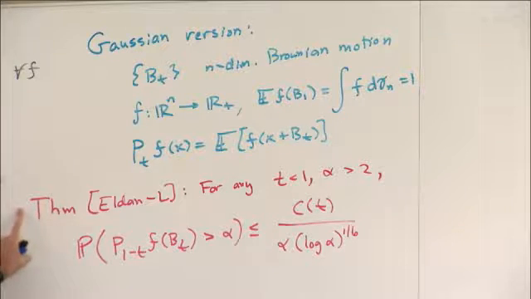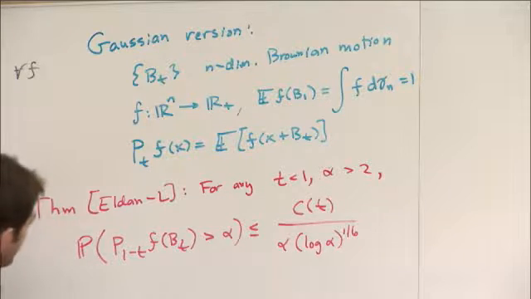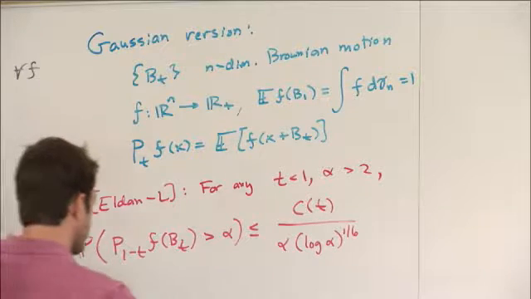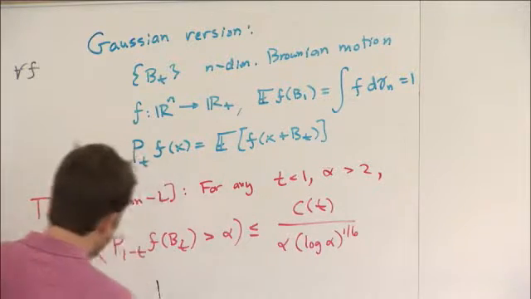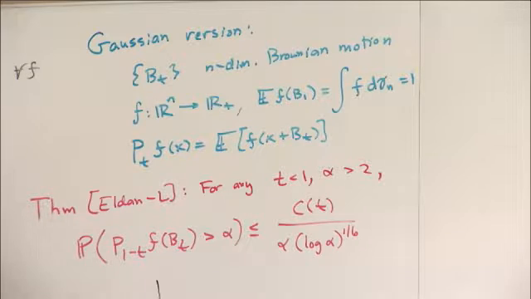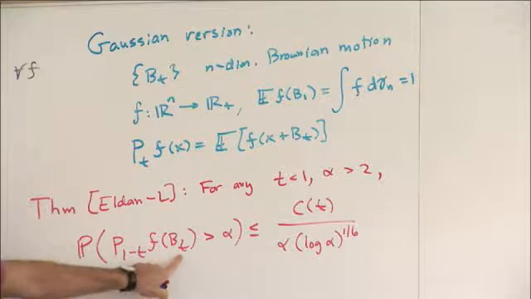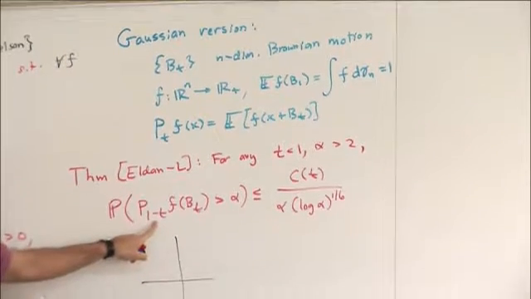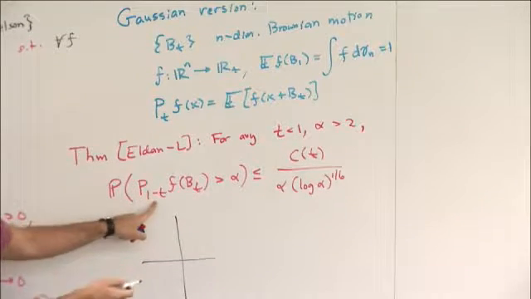This is the theorem Ronen will prove tomorrow. I'm not going to say much more about it, except to notice what's happening here. So, what does this look like when we first take a Brownian motion for time t and then average over a Brownian motion for time 1 minus t?